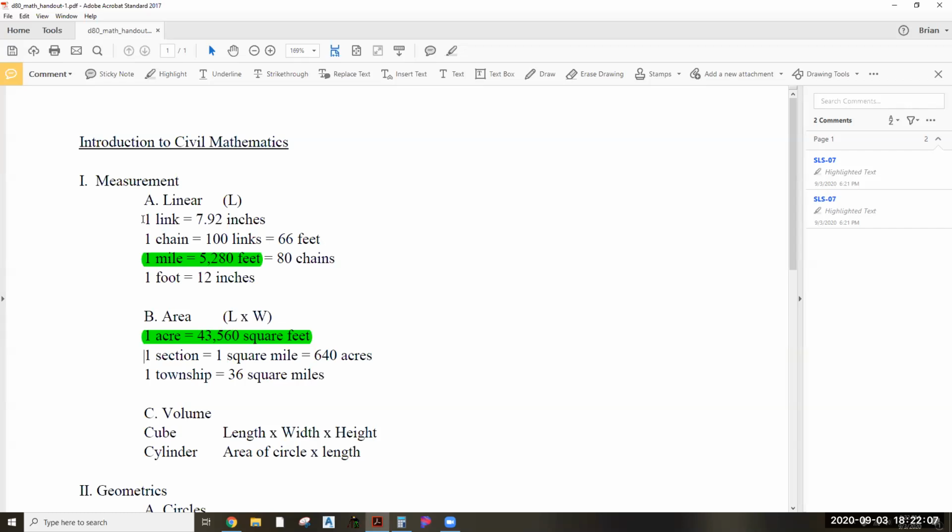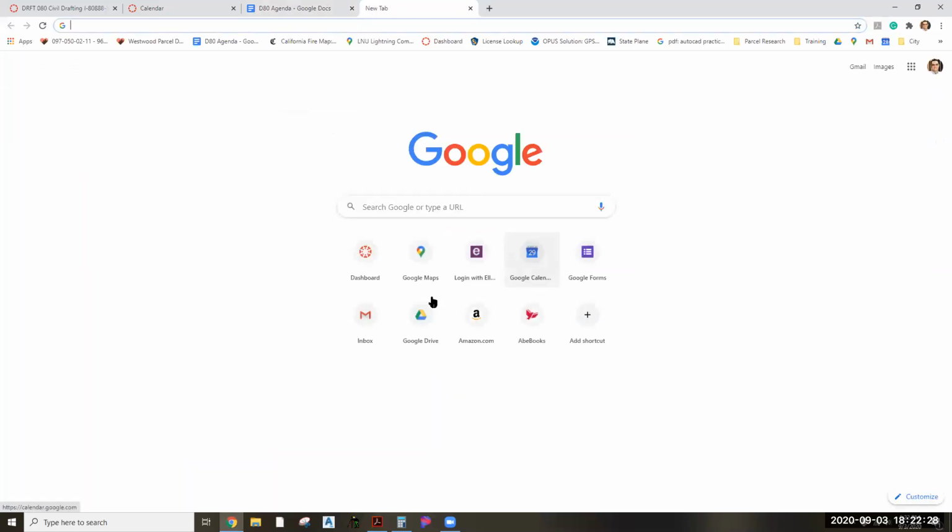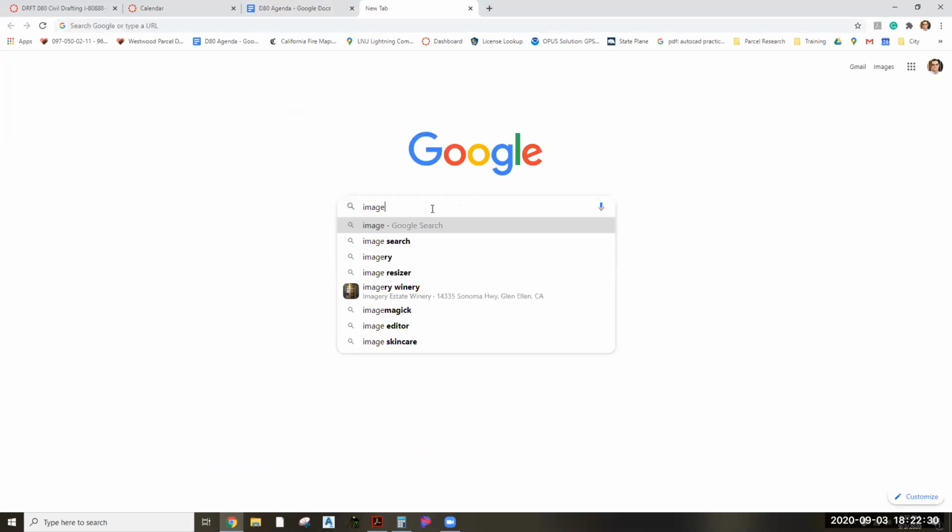Now, terminology is helpful to understand in civil, especially when you're talking about measurements. When you see this word called a link, it's actually a chain link. So back in the day when we didn't have any digital equipment, let me see if I can find an image.